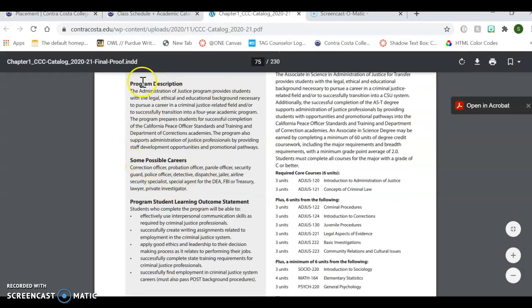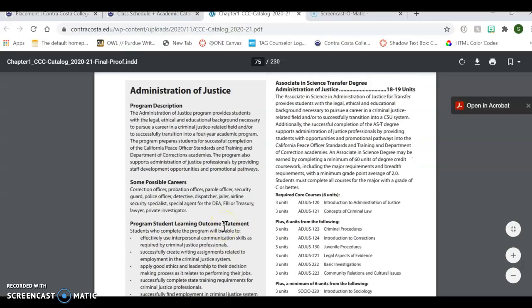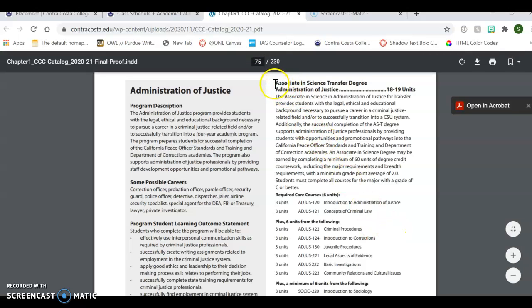Every major starts with a program description, some possible careers you can enter with that major, and also the things that you'll learn within that program. Just as an example, looking at this degree, this is an Associate in Science for Transfer degree.